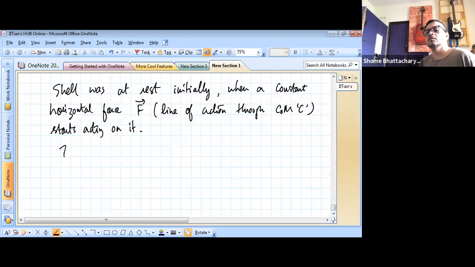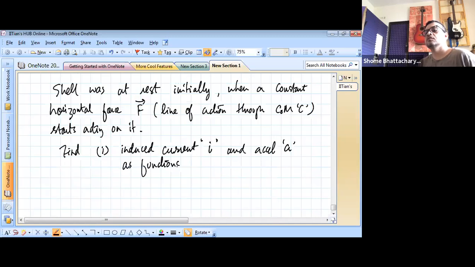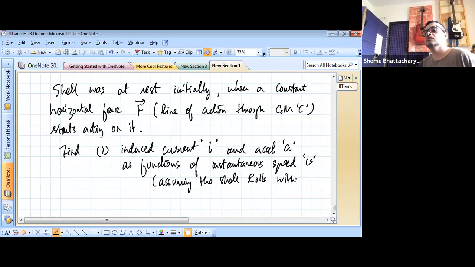So we again have to find the induced current I and acceleration as functions of instantaneous speed V, assuming the shell rolls without slipping on the ground.